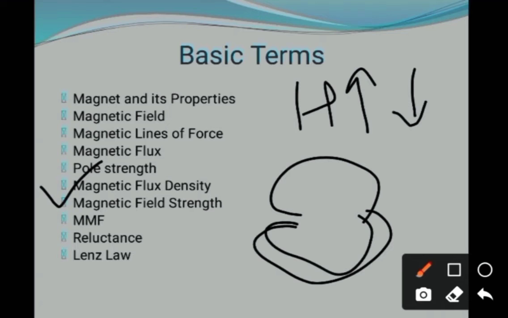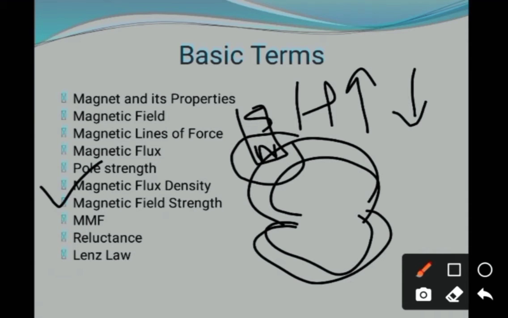This is the magnetic field, and if we place here one magnet having N and S pole nearer to the magnetic field, the amount of force experienced by the unit pole N represents the magnetic field strength.